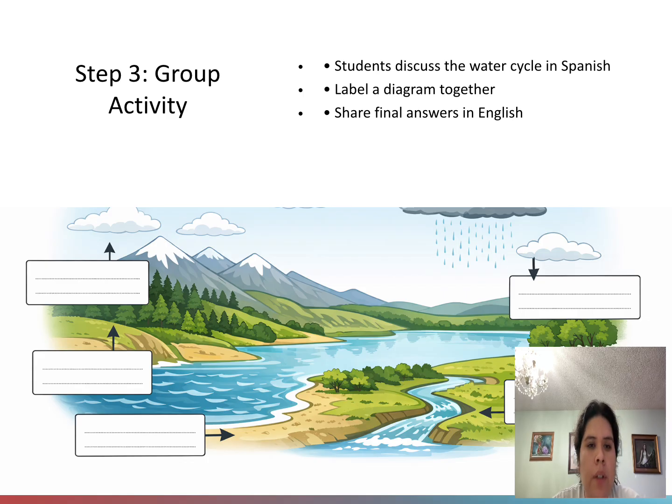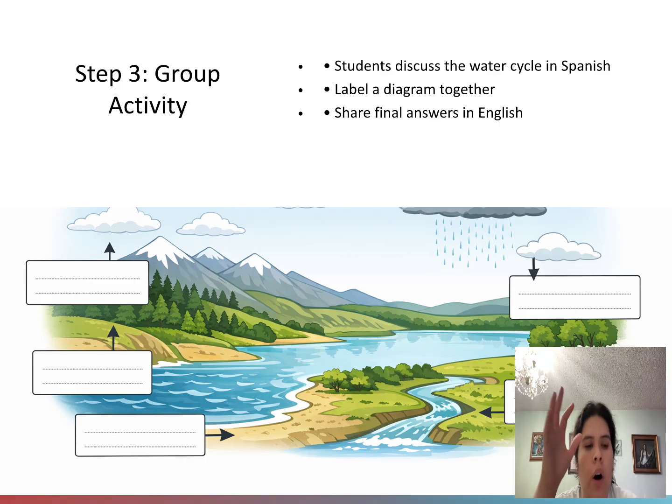So here we will discuss the water cycle in Spanish. I want all of you to work on this diagram, and you will be labeling the diagram. But I want you to practice in Spanish and then share the final answers in English. So you're getting the meaning in Spanish of these words, like condensation, and you're just putting them in where they belong.